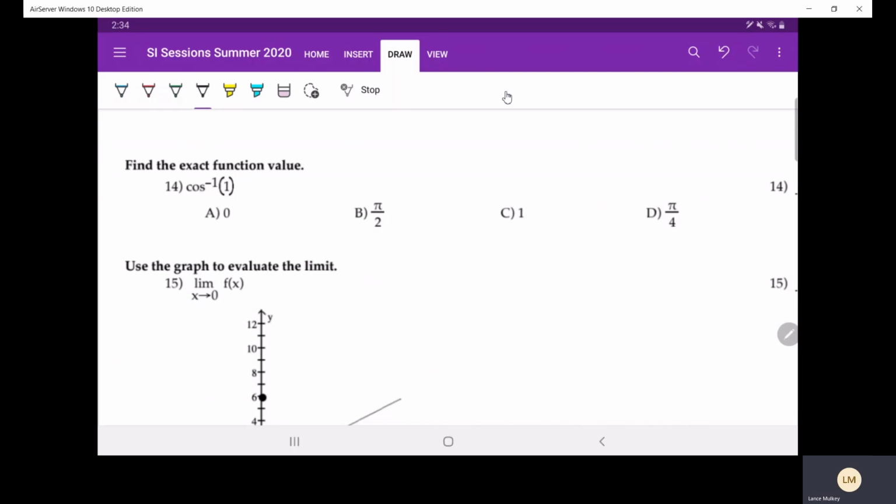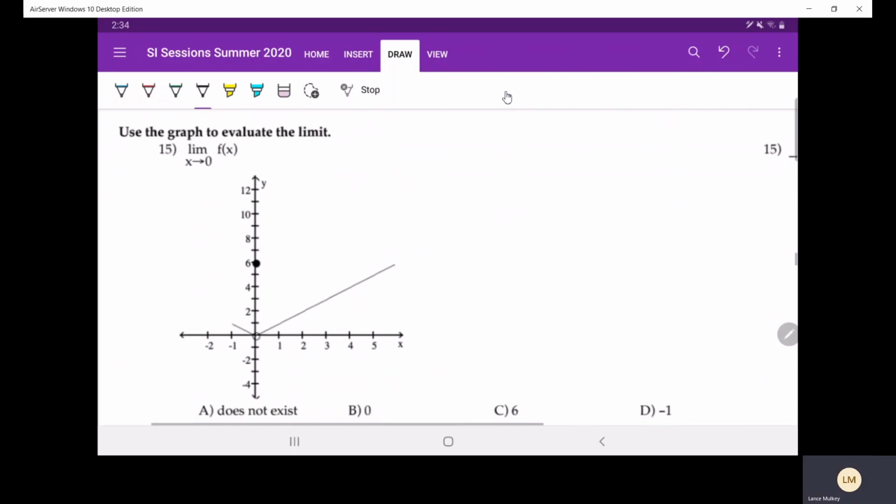It's 2 pi. Cosine of pi gives you -1. Cosine inverse of -1 is 0. I was wrong. Cosine of pi gives you -1. Cosine of 0 or 2 pi gives you 1. But since it's a cosine inverse, the range is restricted, so it has to be 0.